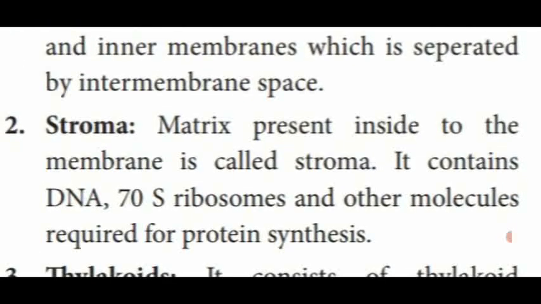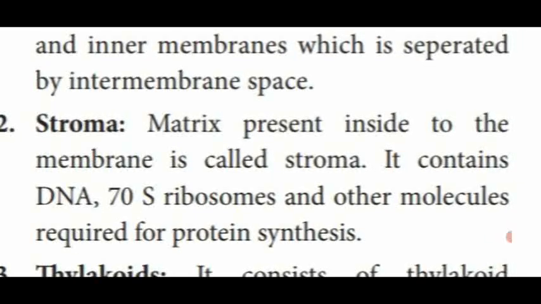Next one, stroma. The region enclosed by the two membranes, the center region of the chloroplast, is called the stroma, or otherwise named the matrix. All the chloroplast contents are present in the stroma region only.